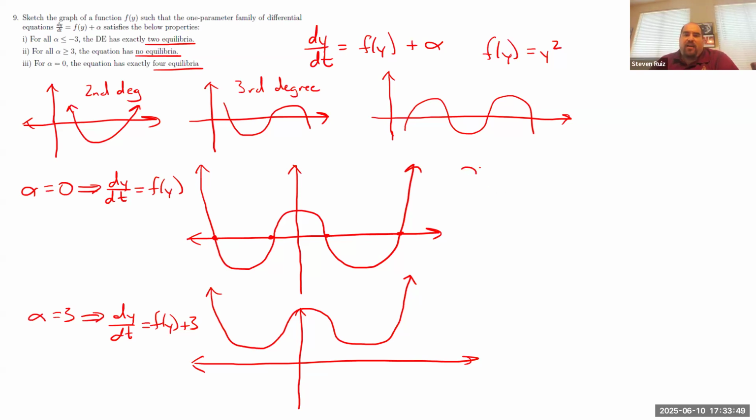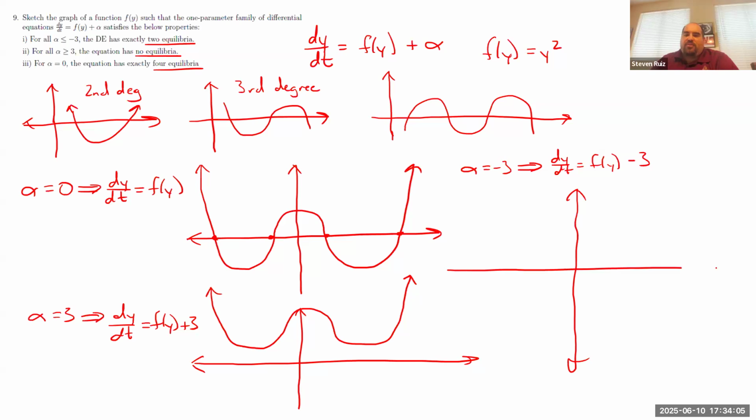Let's make sure that when alpha equals -3, which gives me dy dt equals f of y minus 3, what happens if I take the first graph I drew and reduce it by 3? I want to have exactly how many equilibria? I want to have exactly 2, right?